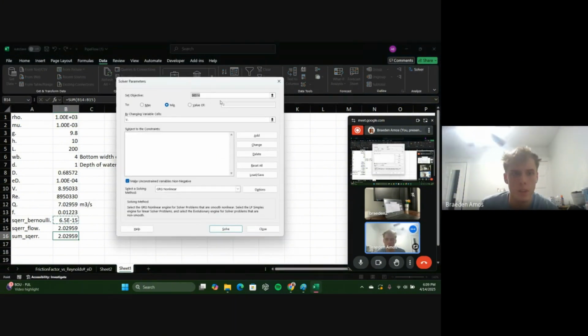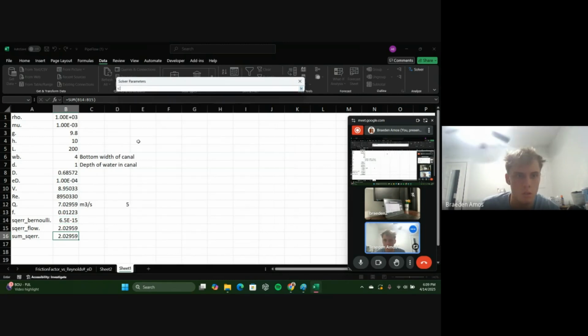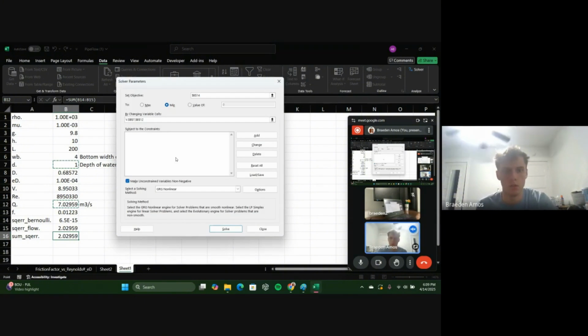So we're going to do Solver. We're going to minimize the square by changing. So we click it. All right, so we want to change the depth and the Q. Okay, that should do it.